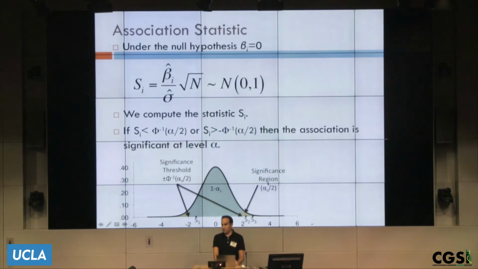So if your null distribution follows a normal distribution, your statistics will fall somewhere on this curve. If your statistics are really in the tail ends, corresponding to some alpha over 2 on each tail, and it's beyond that, then the statistic will be significant.